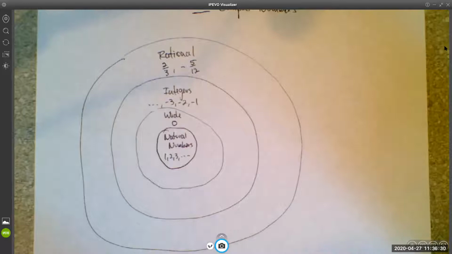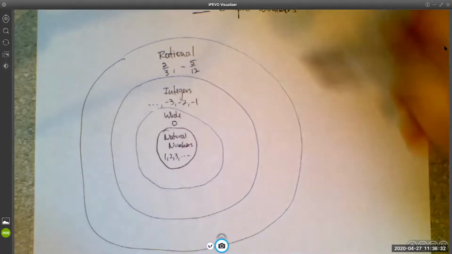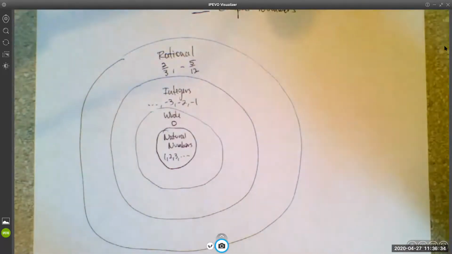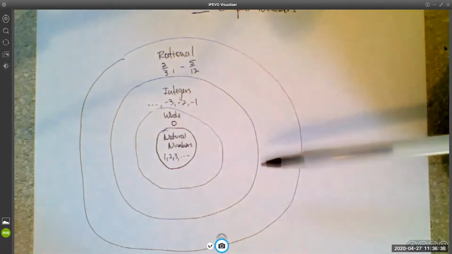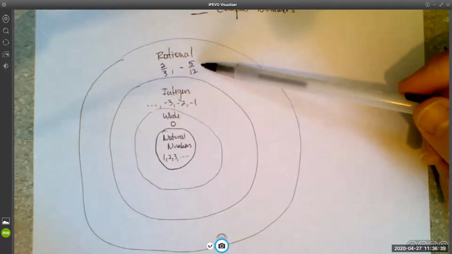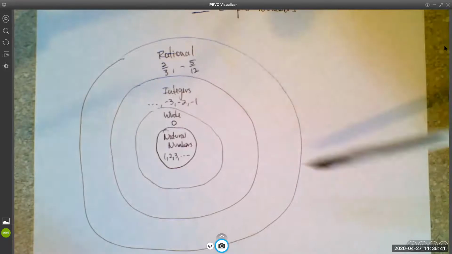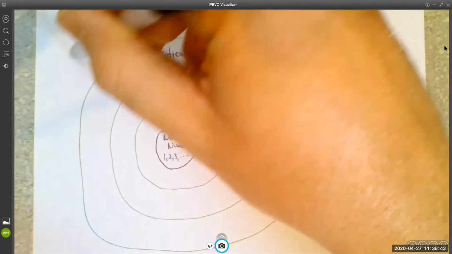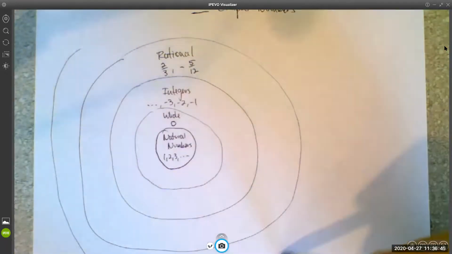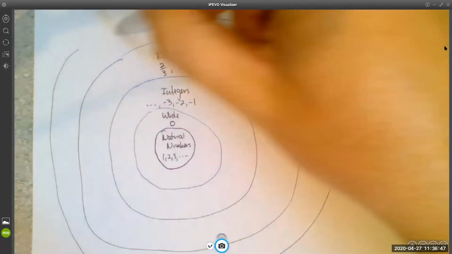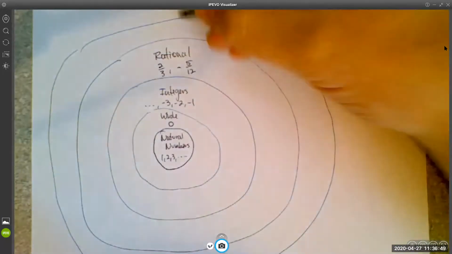Now, there are other kinds of numbers though. You may be aware of the fact that not every number can be rewritten as a fraction. So there's a bigger set of numbers here. That bigger set of numbers is called the real numbers.